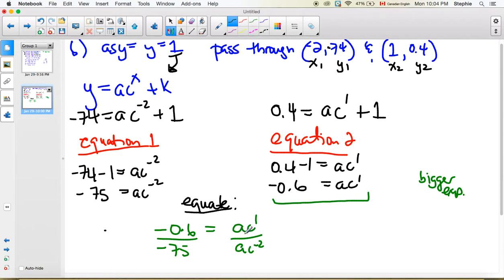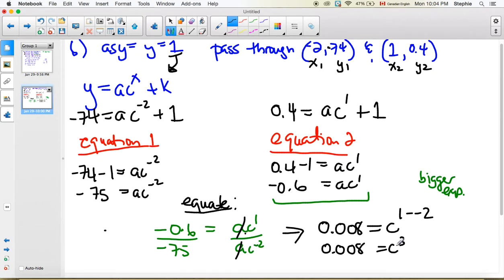At this point in time, we could cancel out the A's, and we're going to subtract the exponents according to the division properties. So this becomes negative 0.6 divided by 0.75, I believe becomes 0.008, and 1 divided by C^negative 2 is going to become 1 minus negative 2, which essentially is 1 plus 2, so it's C to the power of 3.